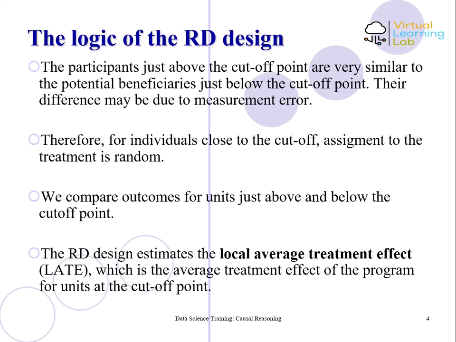Now, therefore, the regression discontinuity design does not estimate the average treatment effect across the entire sample like an experimental design would. It estimates the local average treatment effect, or LATE, which is the average treatment effect at the cutoff.